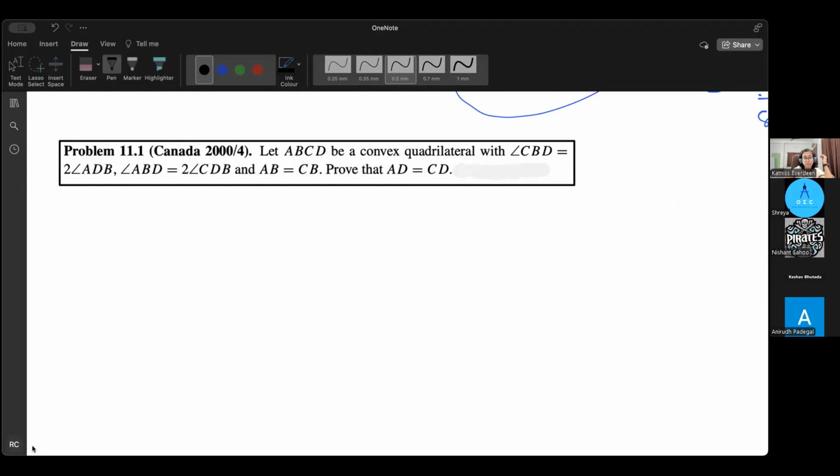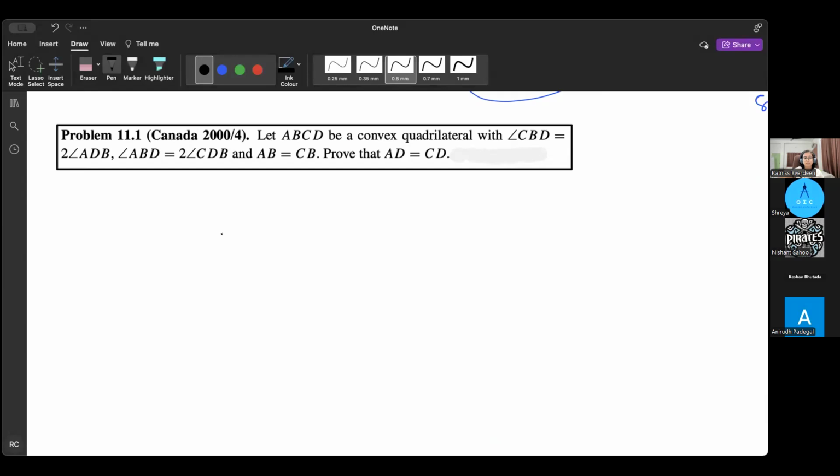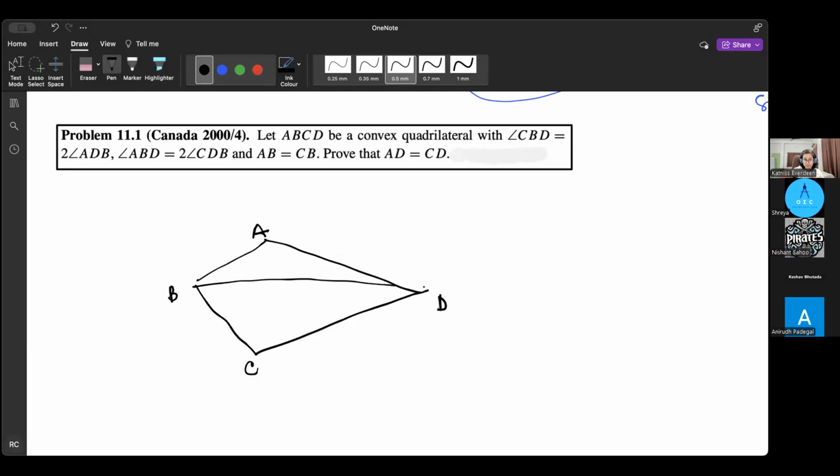I think I got the synthetic solution. All right, go on. So you draw ABCD, and you take the intersections of AB and CD to be something. Can you actually take it to be convex? Yes.